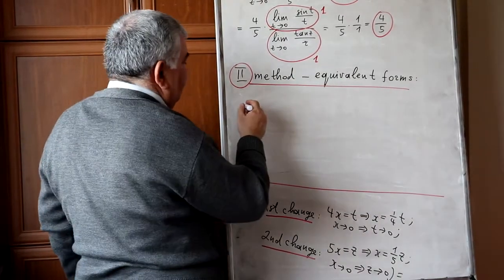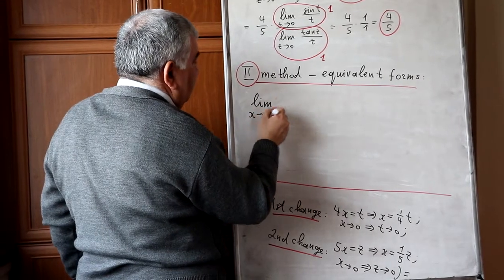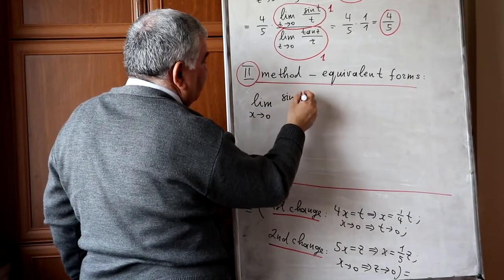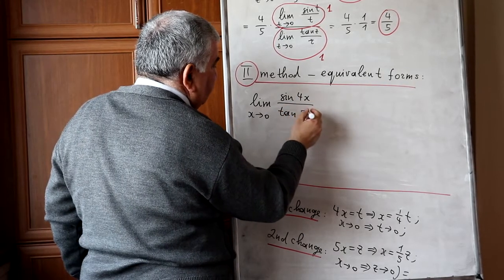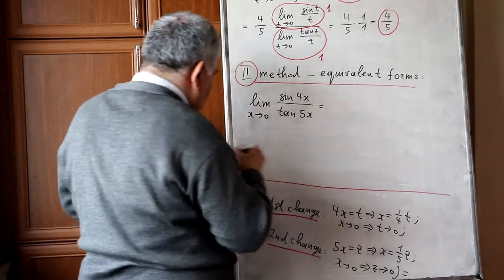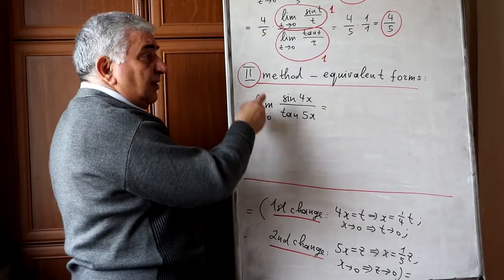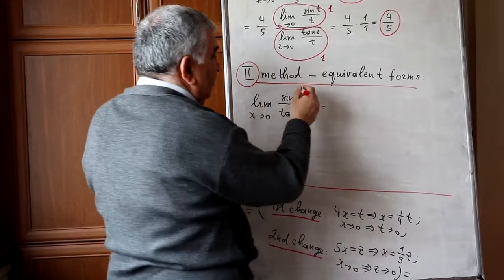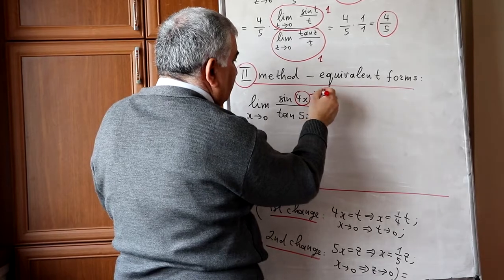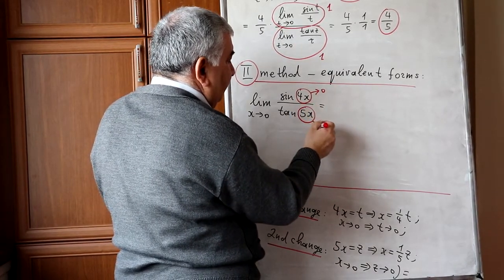Return to the condition: limit when x tends to 0 of sine of 4x divided by tangent of 5x. If x tends to 0 according to the condition, then 4x also tends to 0 and 5x also tends to 0.